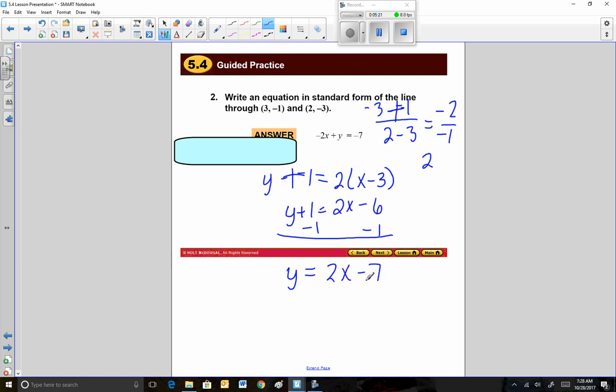Now that's slope-intercept, but we don't want slope-intercept. We want standard form. So move the 2x over. y minus 2x, minus 2x. So we better put a negative 2x in front plus the positive y that we had. And then these zero out, equals a negative 7. And there's your answer.